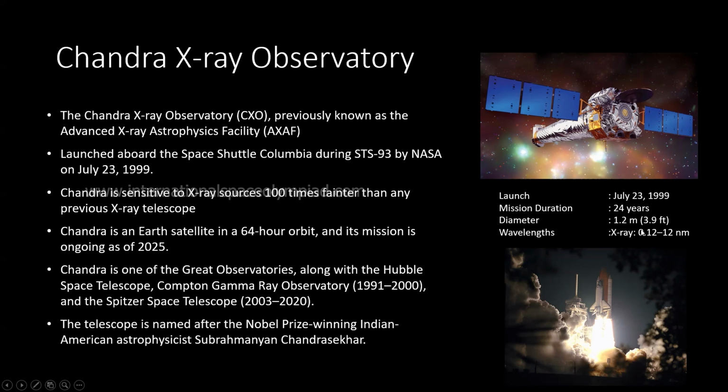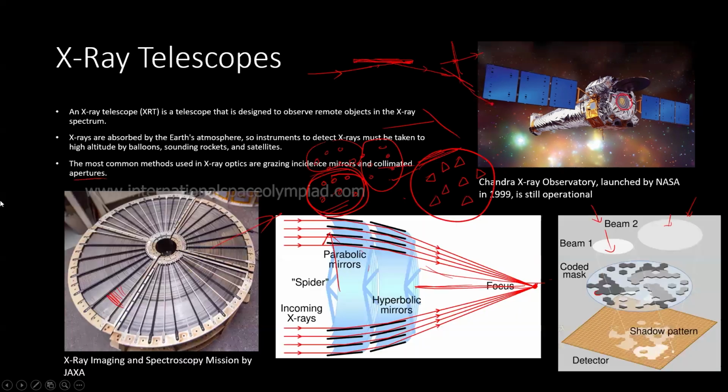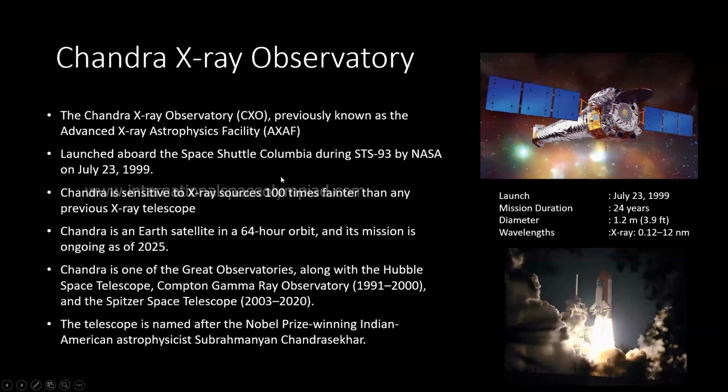The diameter of the mirror: even though it is not a proper mirror, it is a kind of mirror. The size of that lens or mirror is 1.2 meters in diameter. And it can detect X-rays in a specific wavelength. Actually, this is the wavelength in which it is observing. Just leave the wavelength, anyway.